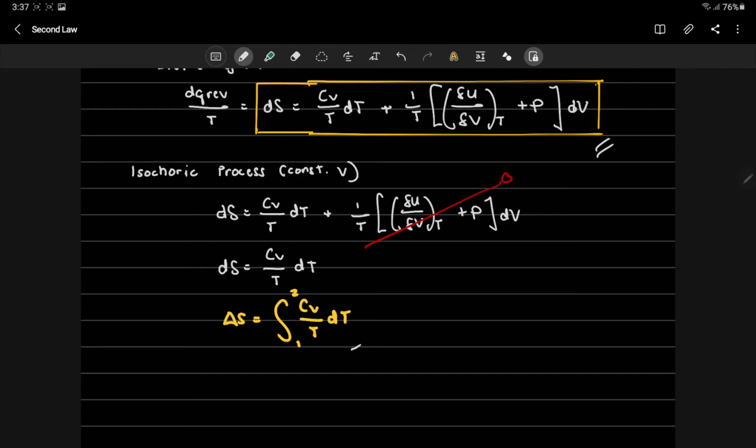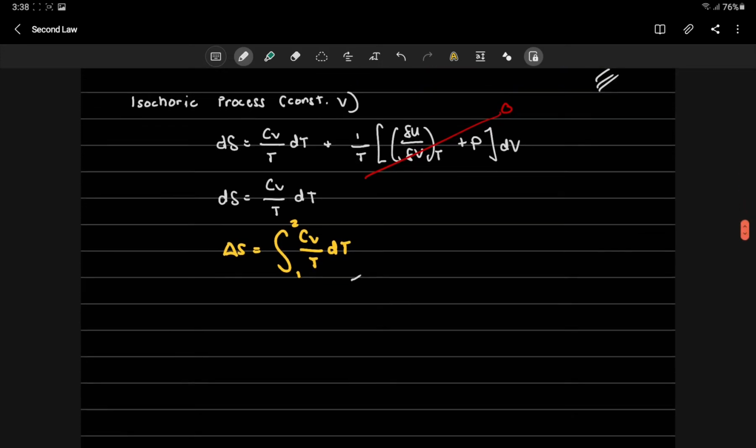Ang gawin nyo lang is take note of this equation above, which is more complex, mas general siya, pero gamitin nyo yan para makakuha ng iba pang klase ng equations specific to whatever process ang kailangan. Let's say, ang isunod naman natin is an isothermal process. Okay? And alam natin na kapag isothermal, constant si temperature.